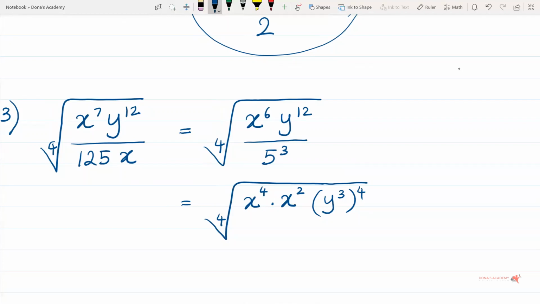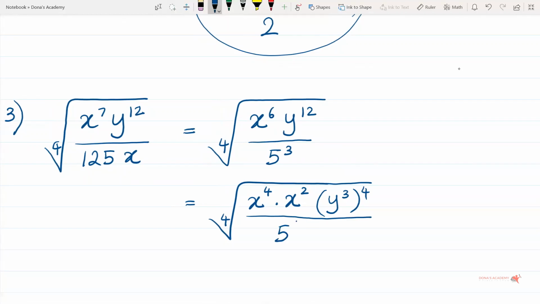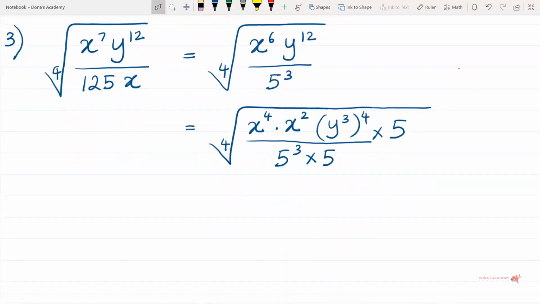Okay, and to rationalize the denominator, we have to have one more 5 in the bottom. If you have another 5, then we are done with the rationalizing. However, don't forget you have to multiply both top and bottom by the same thing. All right, now let's split this.